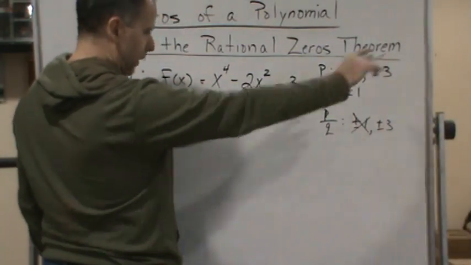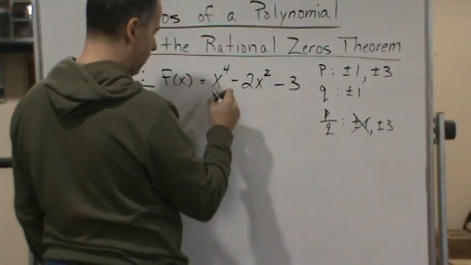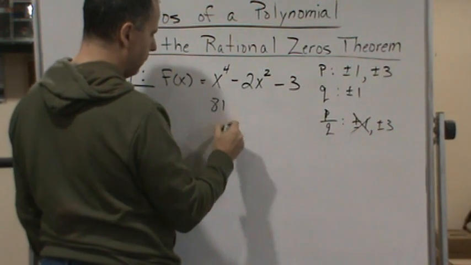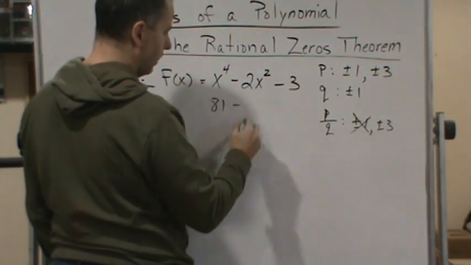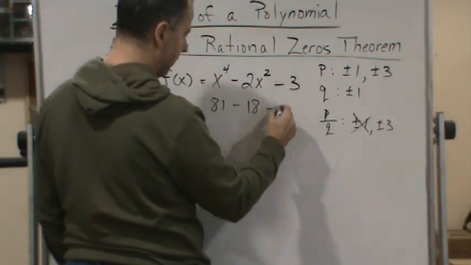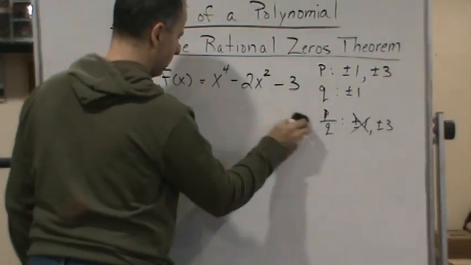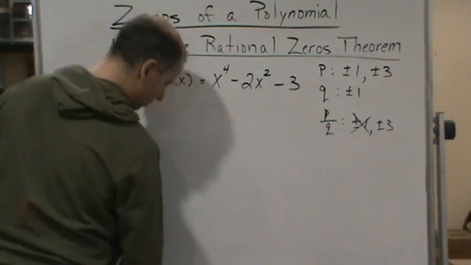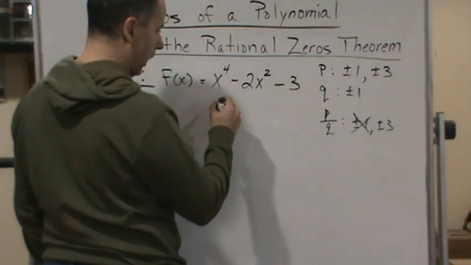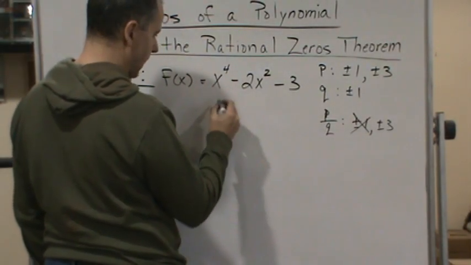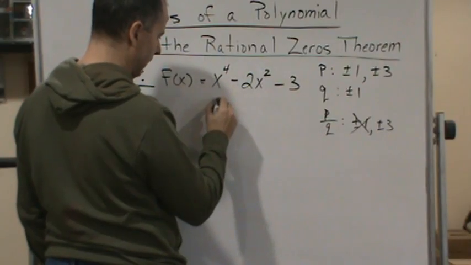So let's do positive 3 because I want to make sure I get the right number. So 3, this will be 81 minus 18. That should have been 18 minus 3, but still does not add up to 0. If we do negative 3, it's going to give us the same answer because the exponents are all even.